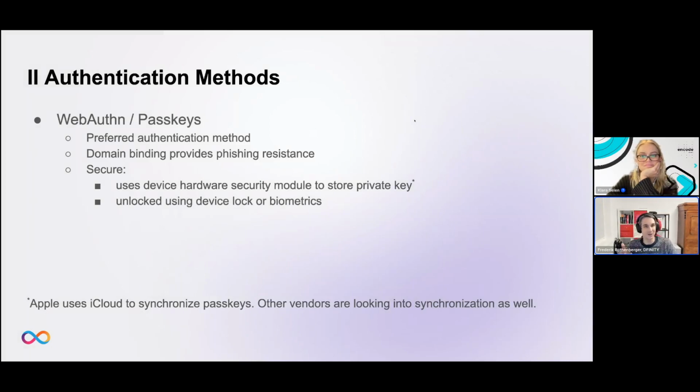Yeah, so I can now quickly give you an overview over the authentication methods that we support. So we have WebAuthn and passkeys that you've just seen, and this is also the preferred authentication method, because passkeys are super secure.